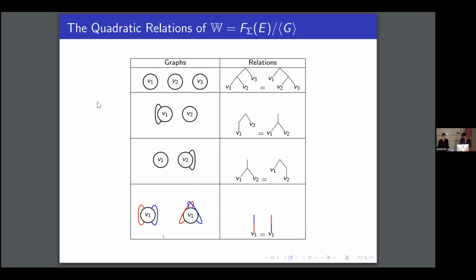So here are the relations, and I'll explain the notation of this table. In the second row, we have a diagram representing a graph with two vertices, and in which one of the output flags of the first vertex is looped back around to connect to one of the input flags. We use a suppressed notation where any other flags of this graph are just suppressed, and they could have any arbitrary order or permutations.